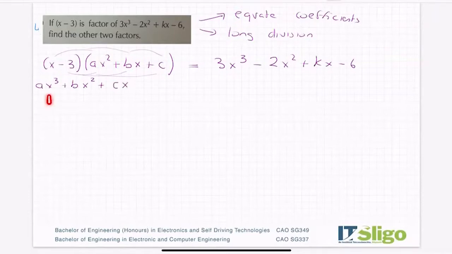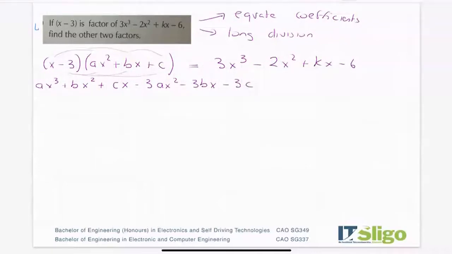So what I'm doing is I'm just trying to put the x squared terms at the end as well, just so that I'll be able to equate the coefficients easier, okay? So bx squared plus cx. Okay, then I'm going back for the minus 3 by ax squared, the minus 3 for bx, and the minus 3 for c. So minus 3ax squared minus 3bx minus 3c.